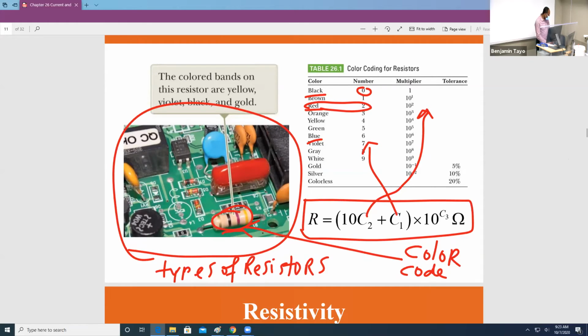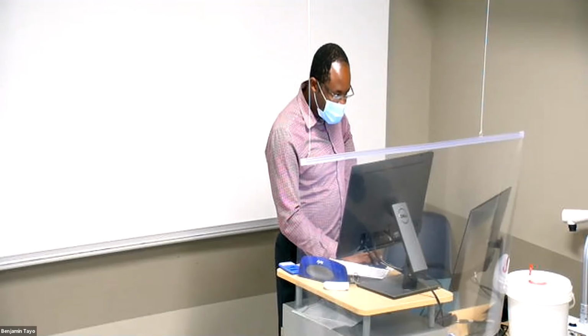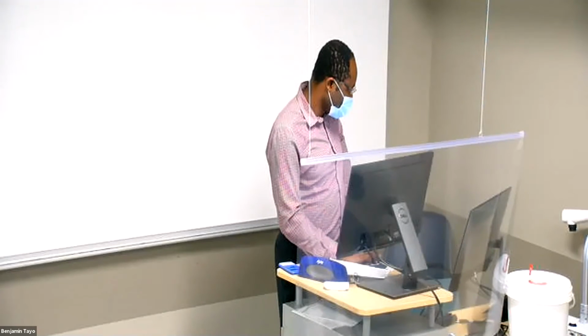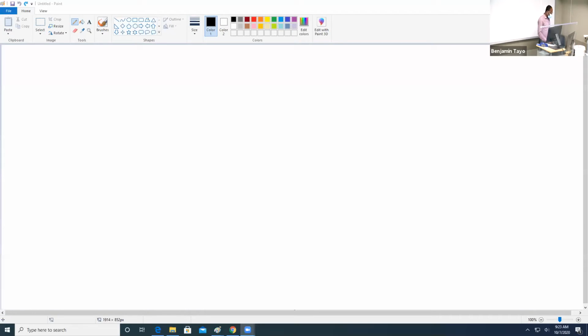Let me go ahead and share one example here, where we're going to calculate the current through a resistor.